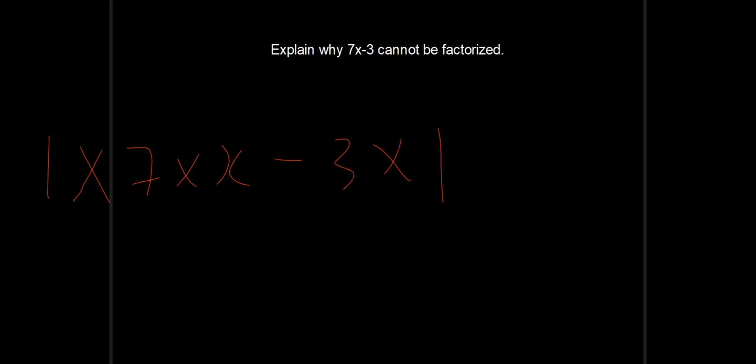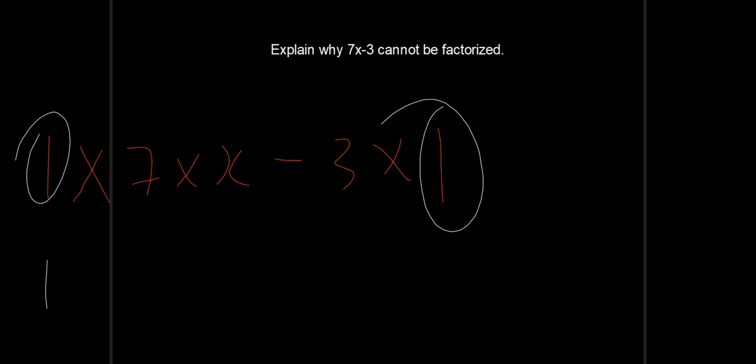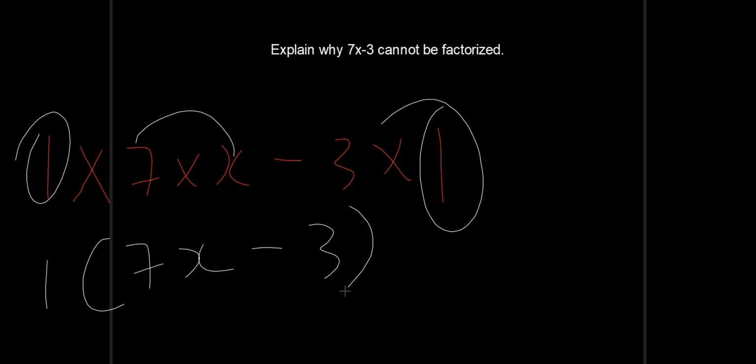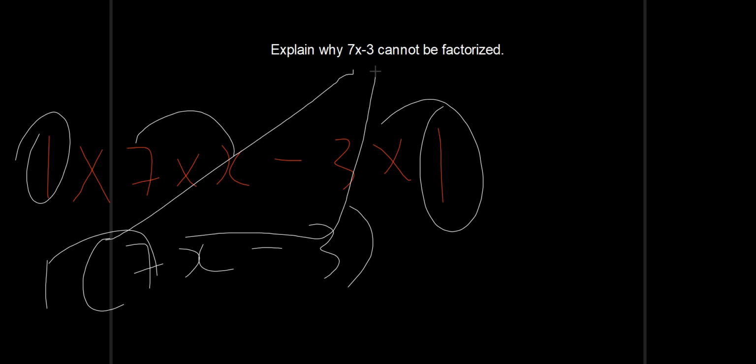Since we have 1 as the common factor, put it outside, and we say 7 times x gives us back 7x, and on this one we have negative 3. If we multiply, 1 times 7x gives us back 7x, and 1 times negative 3 gives us back negative 3. So we never had to do anything. So this cannot be factorized.